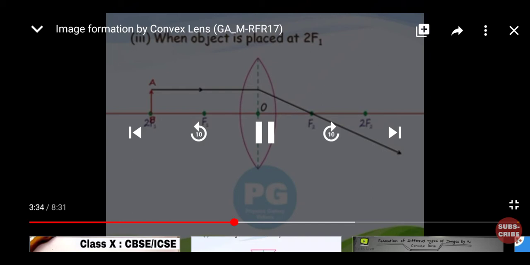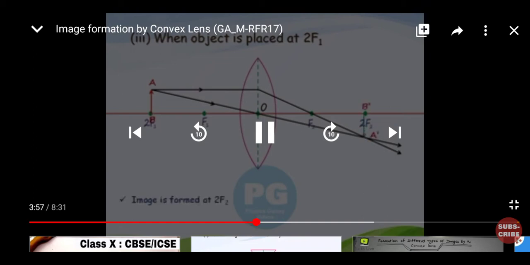So for the second ray from point A, we take the ray that is passing through the optical center. It will go undeviated. And now, it meets at this point. We call this point the image of point A of extended object AB. So we draw image A'B'.